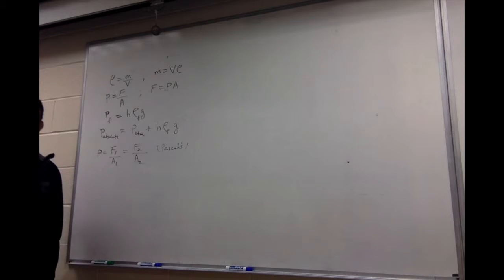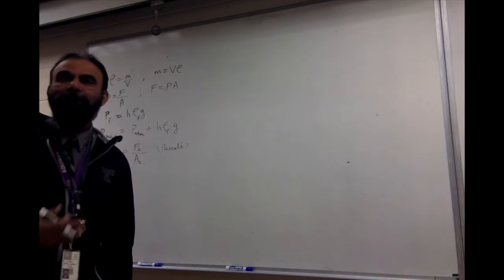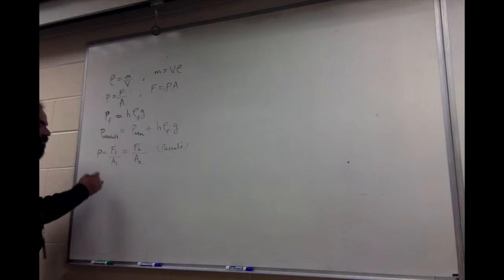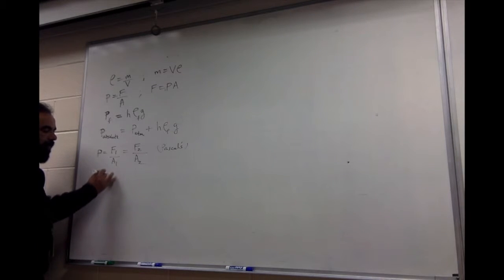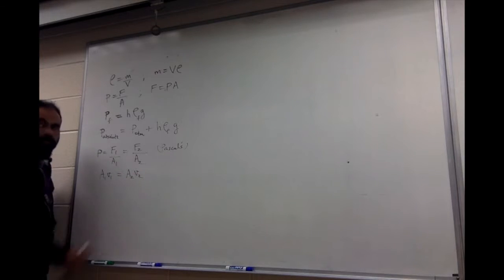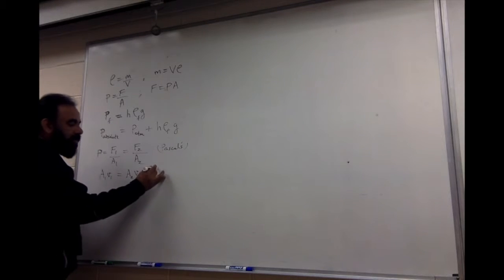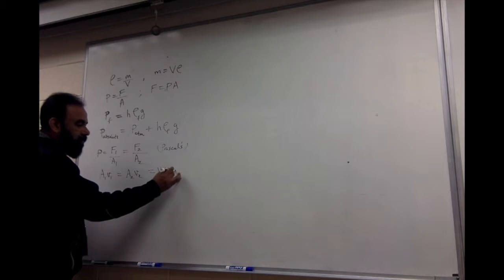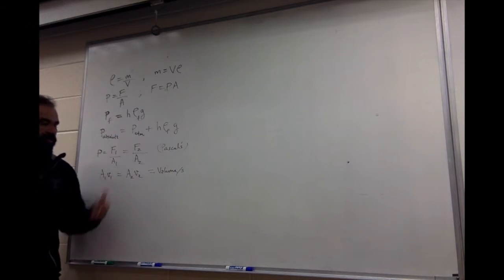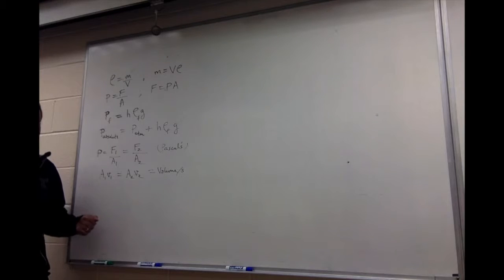And after Pascal's principle, what do you do? Before we started Bernoulli's principle, we did this, which is the volume per second. How much fluid flows from one place to another depends on the area and the speed.